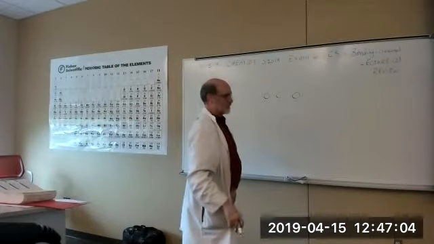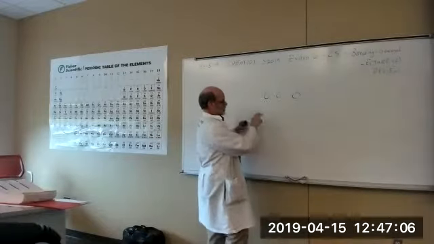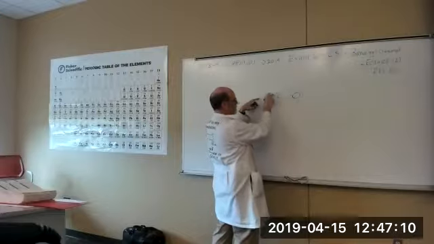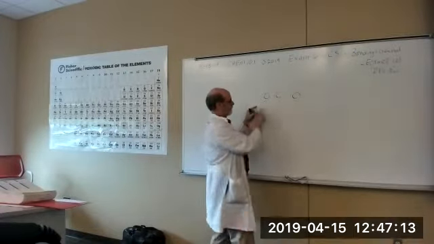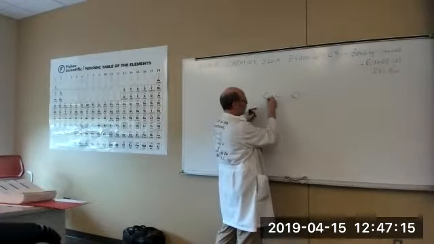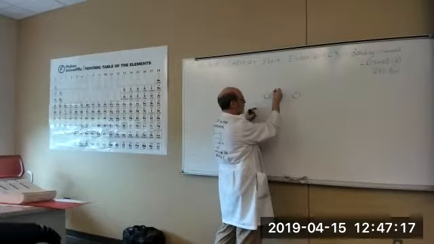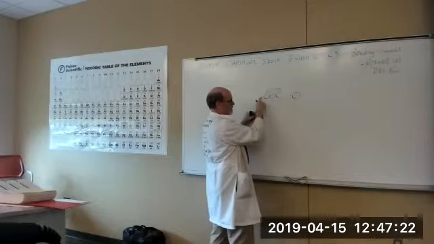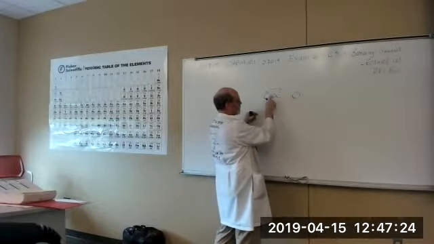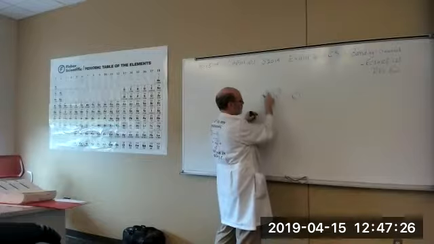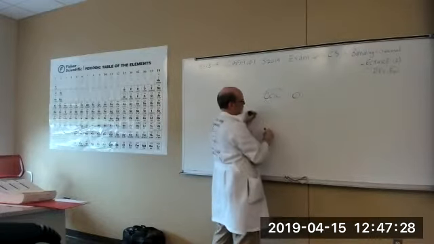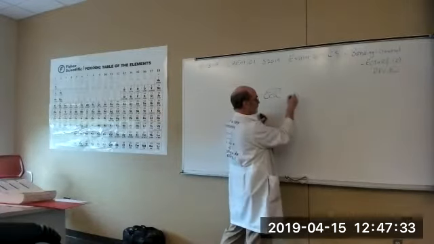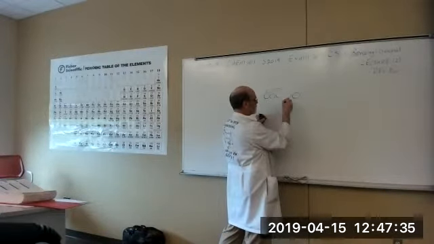Now we need to form bonds. Okay, so the oxygen needs 2 electrons to complete its octet. Right? So it could share this electron with carbon and that electron with carbon. Now it has 2, 4, 6, 8.